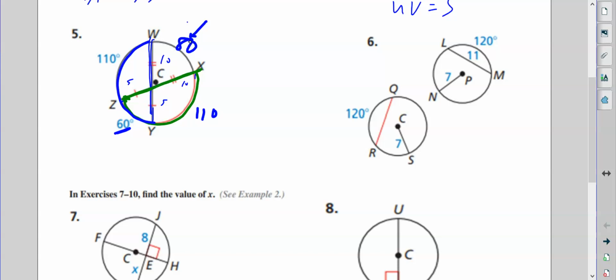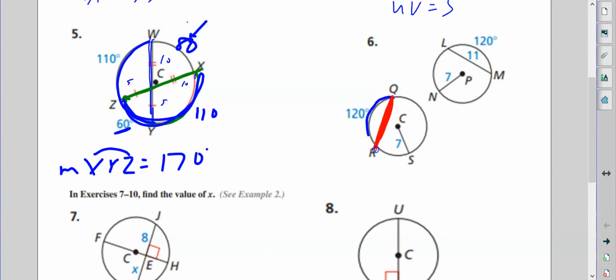Now, when I asked for the red arc, that was right here, X, Y, Z, and that would be 170. Then over here, since this is 120, we're trying to find the red, which is right here. If that's 120, and this is also 120, that means this must also be 11. So QR is 11.